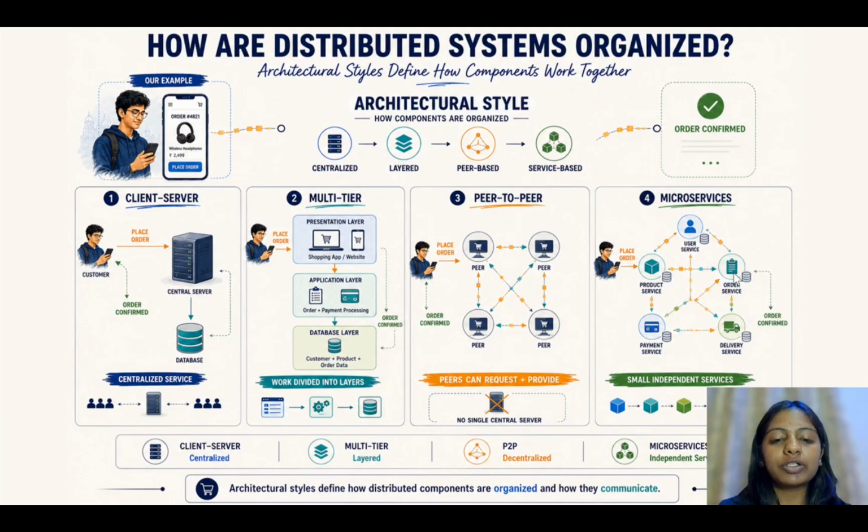Then fourth is microservices. A large application is divided into smaller independent services such as user, product, order, payment, and delivery services. So the main idea is that different architectures organize the same distributed components in different ways.